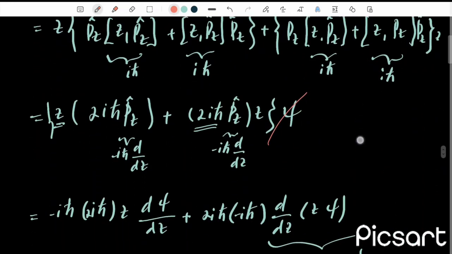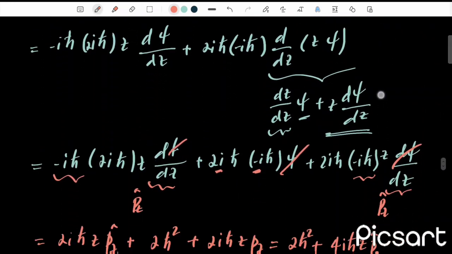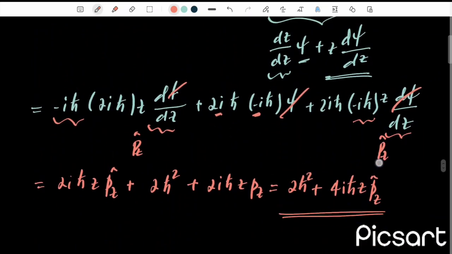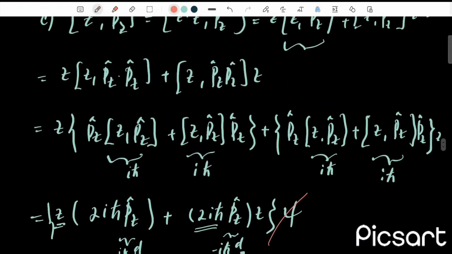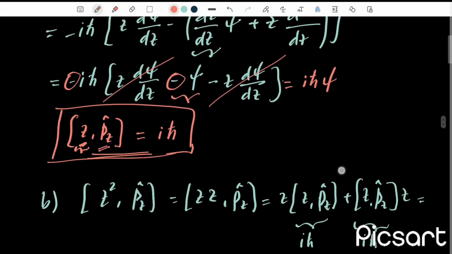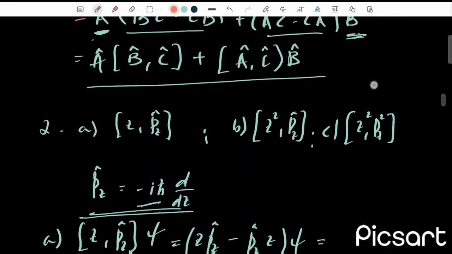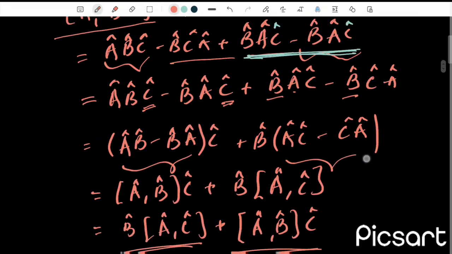Okay, this is the last exercise for number 2, and we go on solving number 3.